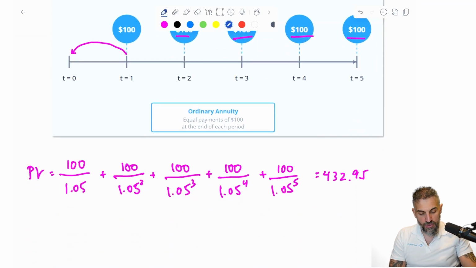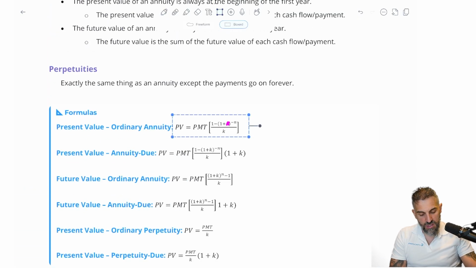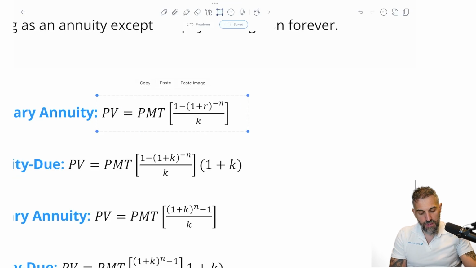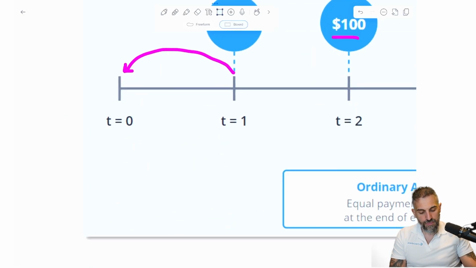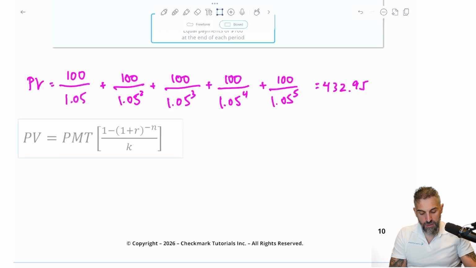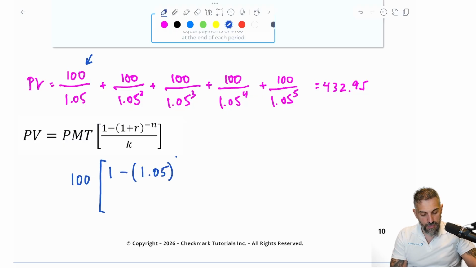So let me show you, for example, since this is an ordinary annuity, the present value of an ordinary annuity is this here. Okay, so that says R there. That should be K, but whatever. So if I were to show you guys this formula, you take your payment, which is the recurring cash flow, multiplied by 1 minus 1 plus the rate, in this case 5%, to the power negative 5, over 5%.